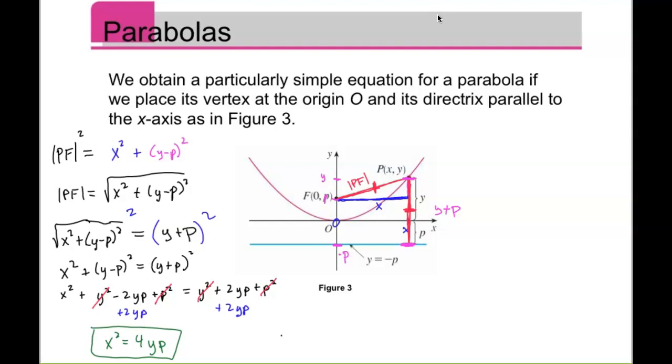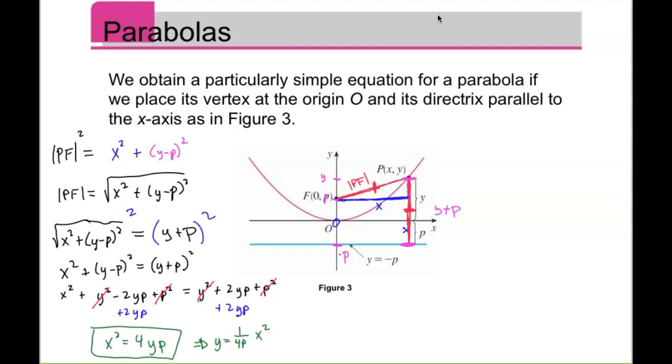This isn't necessarily the way you're used to seeing the equation of a parabola, right? So we can solve it in that way. So this is y equals 1 over 4p times x squared.